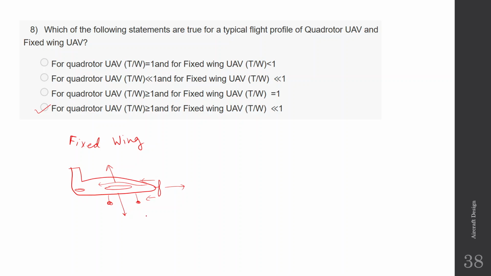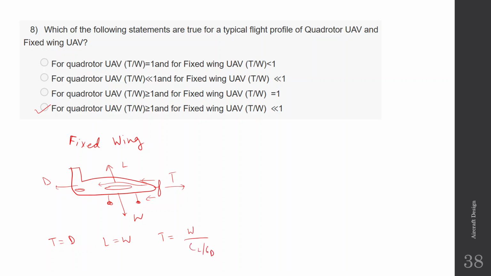Again, if you draw the force equations, this is your thrust, lift, weight, and this is your drag. The airflow also causes drag, as you know. So you can see that thrust is equal to drag and lift is equal to weight. If you equate and rearrange the equations, you get thrust is equal to weight by CL by CD.